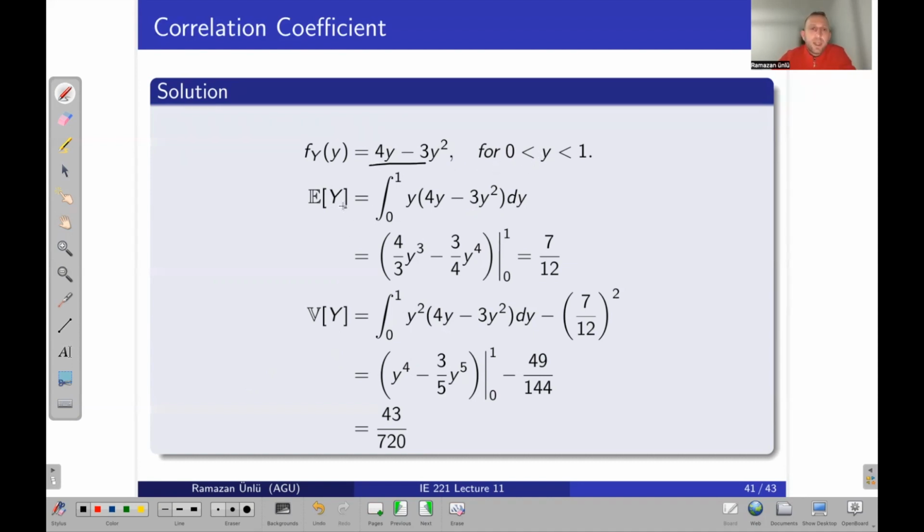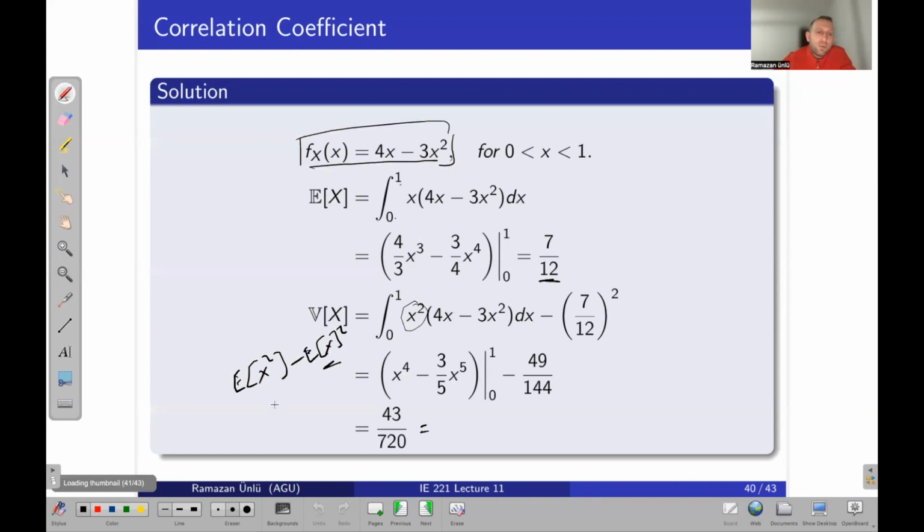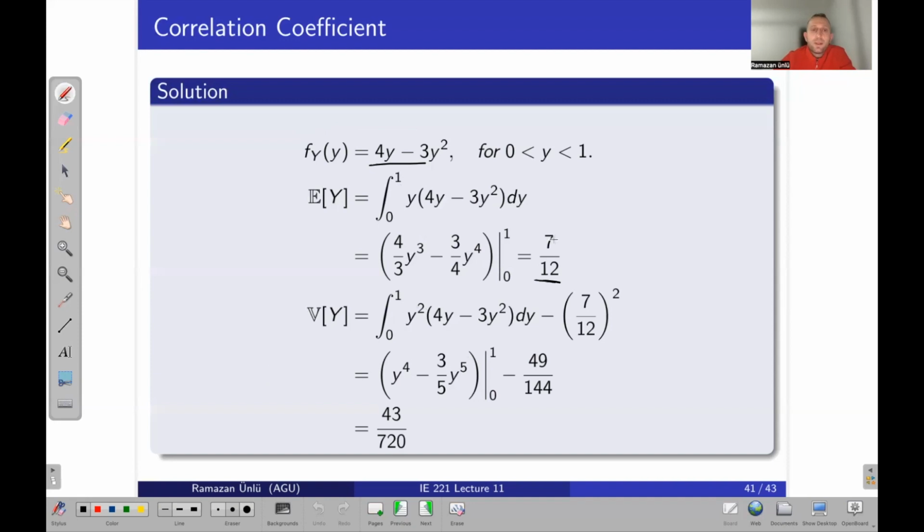So the expected value of y is the same. That is the integration of y times 4y minus 3y squared dy. If you do that simple integration, you will get 7 over 12. And for the variance, again, we can use this formulation. First, calculate the second moment, and we already know the expected value of y.